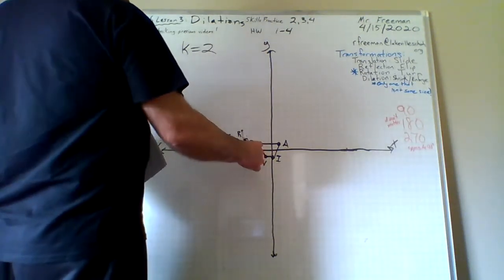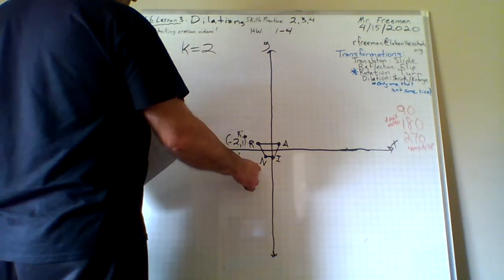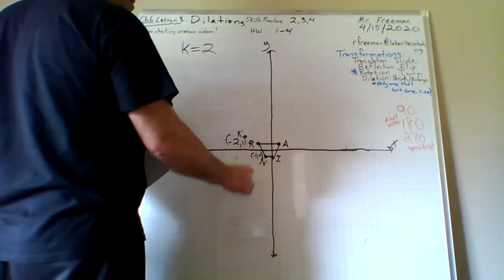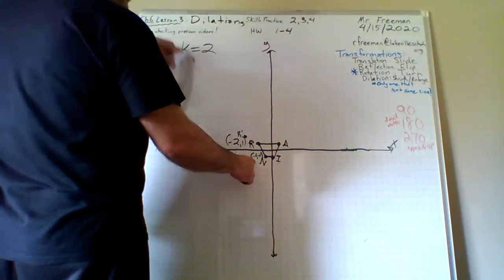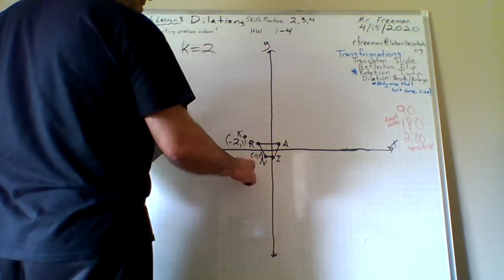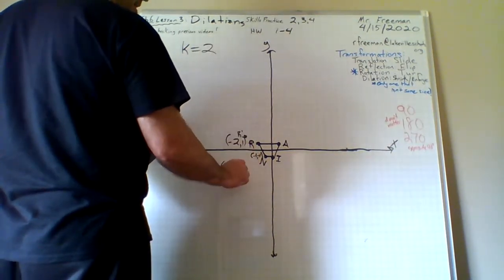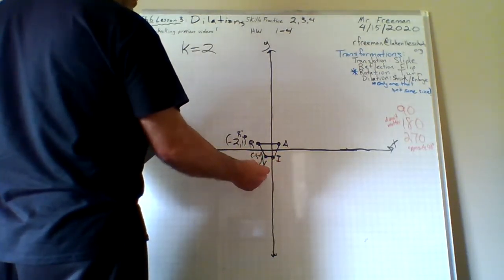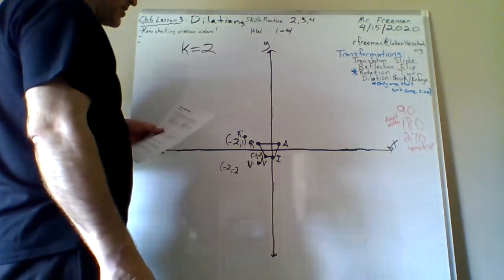Okay. My n, I'll jump to that one, was negative 1, negative 1. So if I multiply negative 1 times 2, I get negative 2. And if I multiply negative 1 times 2, I also get negative 2. So n would be negative 2, negative 2. So my new n prime is going to be right there.